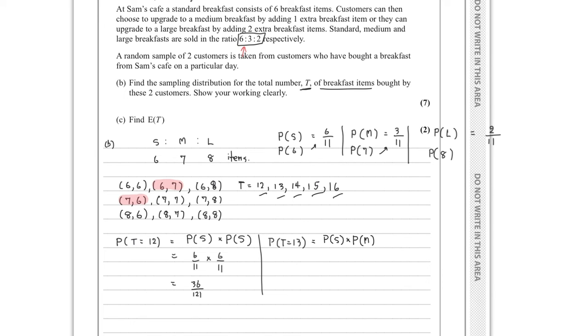And then we have another case, so we have to keep adding. This is the probability of medium times the probability of small. This is 6 over 11 times 3 over 11. And you have two sets of this, so you can just simply multiply by 2. And the answer is 36 over 121.